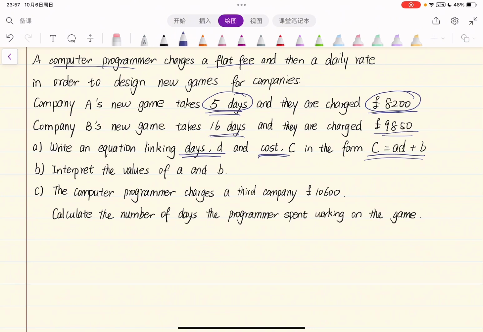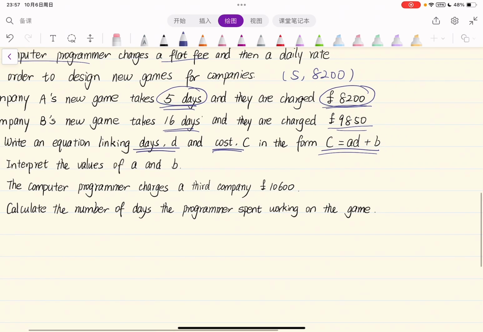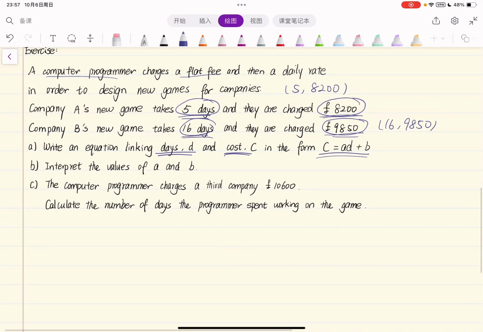So we can say that we have the point (5, 8200). Similarly, 16 days is charged 9,850. So that is the point (16, 9850). Now we know two points of the line, so we can calculate the equation linking days and the cost.